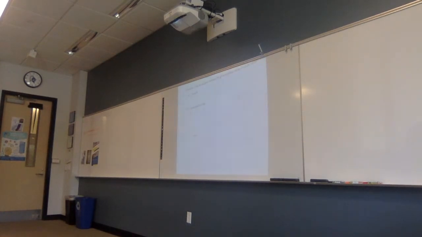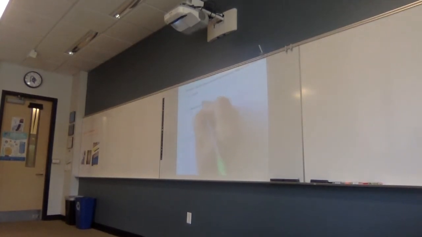Now I can count that. Negative 6 to 0, that distance is 6. 0 to 8, that's a distance of 8. So my total distance between those two points on the number line is 14. But if I wanted to represent the distance using absolute value, I would represent it as x minus a.